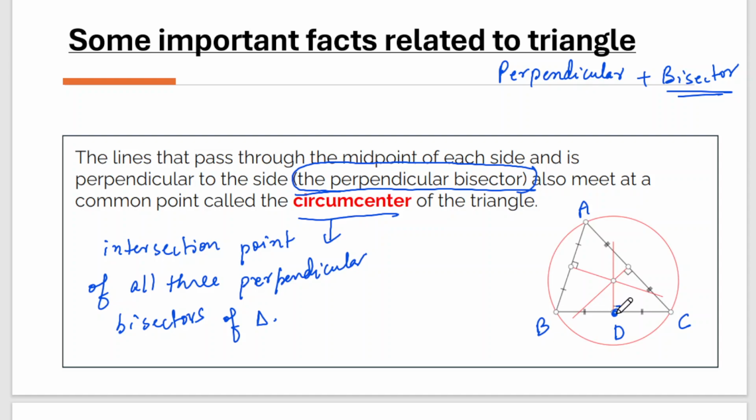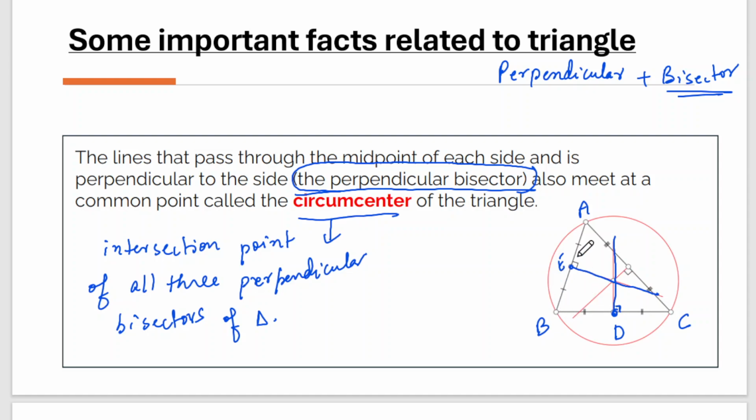I have found the midpoint of BC as D, and there I have drawn a perpendicular. So you can see I have drawn a perpendicular. In the similar way, on AB, I have found another midpoint E, and here I have drawn a perpendicular.